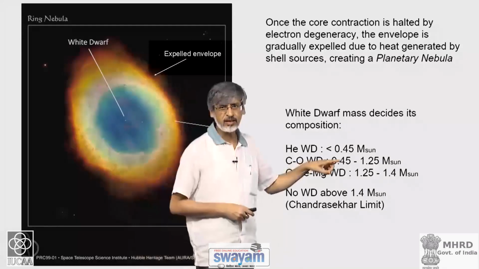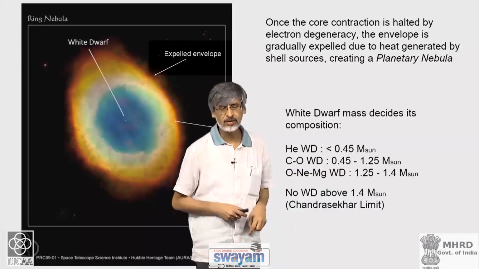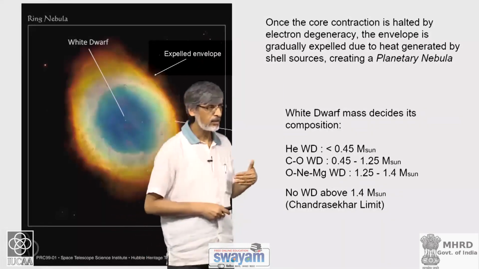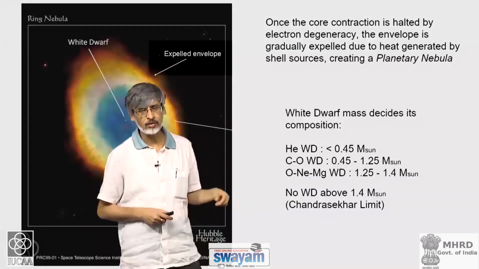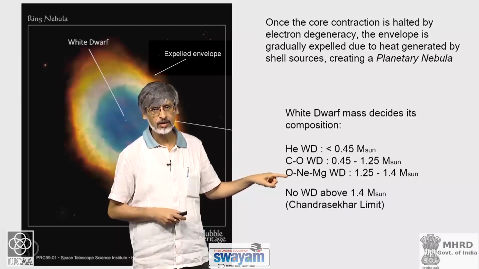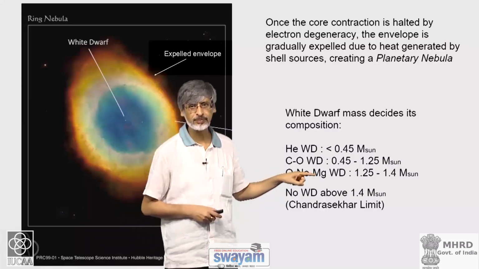If you go even higher, above 1.25 solar mass, the core would have gone through a stage of carbon burning already, and you get a composition which is a mixture of oxygen, neon and magnesium.